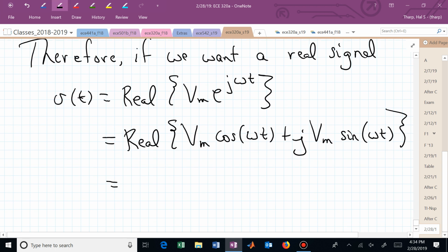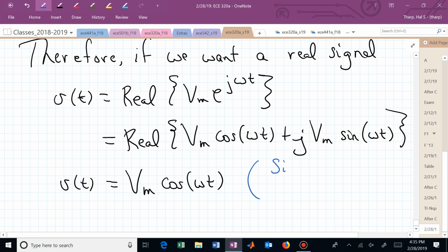And the real component of that complex number is v of t, which is now v sub m cosine omega t, where this is now a sinusoidal signal of frequency omega when s is equal to j omega.